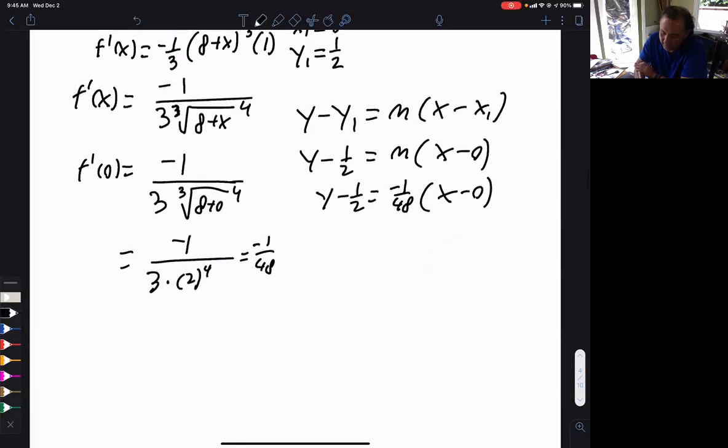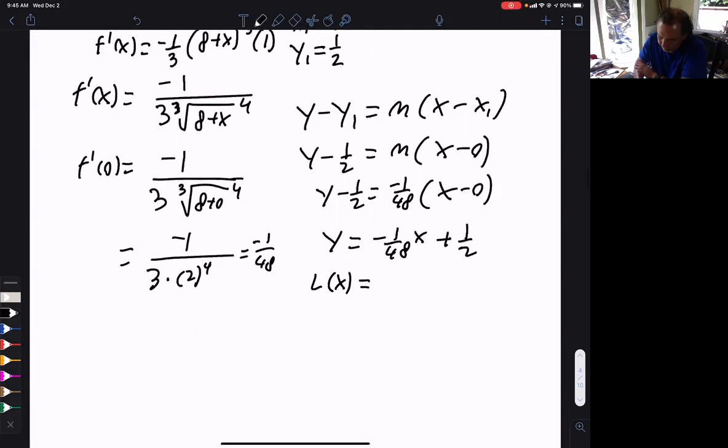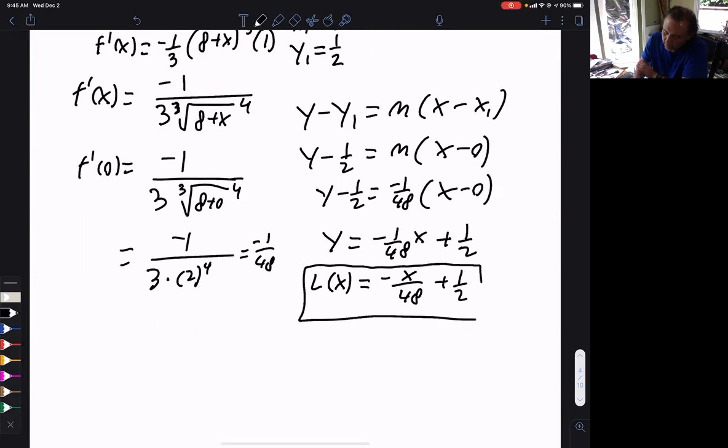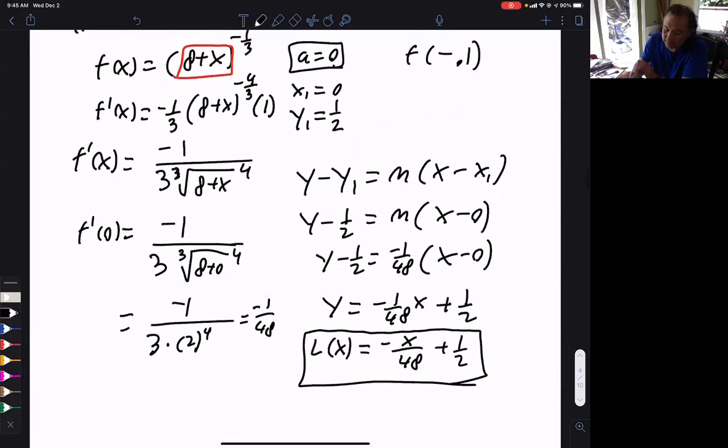And then I'm going to simplify this. It's negative 1 over 48 x, and I add the 1/2 to the other side. That's my tangent line. I will call it L of x, representing the linear approximation. So we will use this equation instead of the f equation.